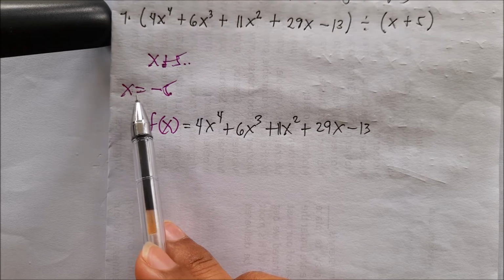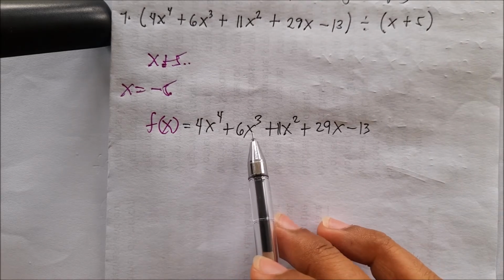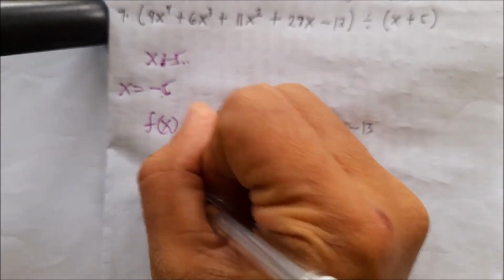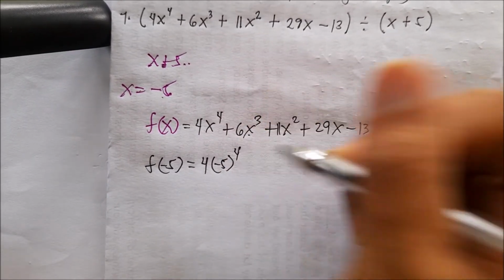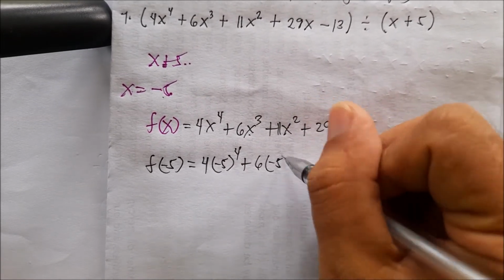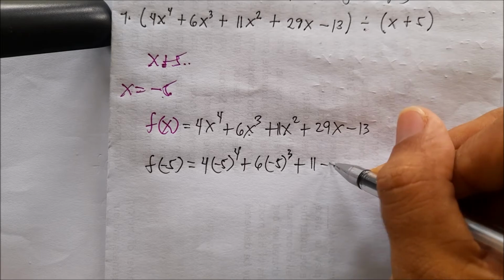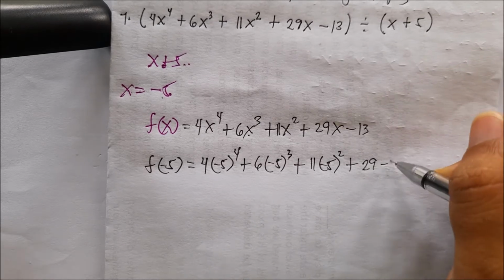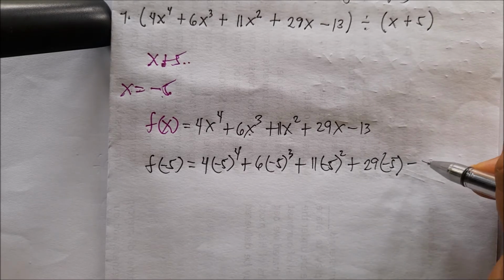Since x is equal to negative 5, substitute negative 5 for all the variables x. F of negative 5 equals 4 times negative 5 raised to 4, plus 6 times negative 5 raised to 3, plus 11 times negative 5 raised to 2, plus 29 times negative 5 raised to 1, minus 13.